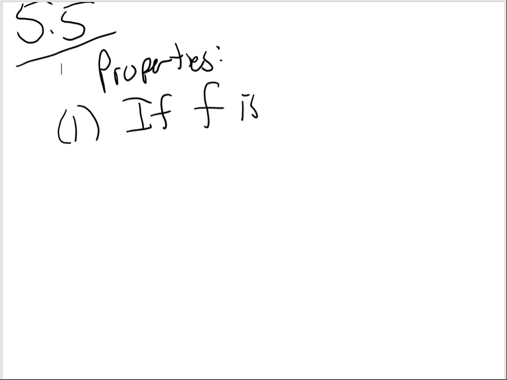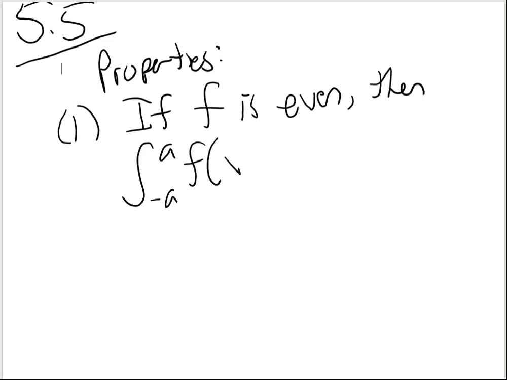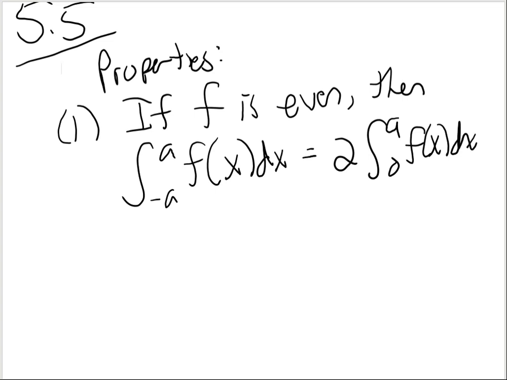If f is even, an even function, then the integral from negative a to a, f of x dx, is 2 times the integral from 0 to a, f of x dx. And before we look at the second one about odd functions, let's see why this is true.